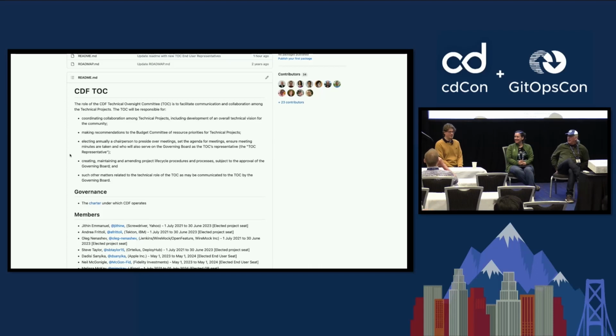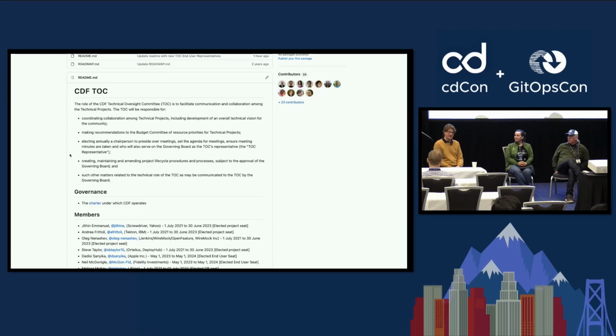Maybe just a couple of words about how the TOC is structured. We have 4 members, who are elected by the maintainer or contributor community within the CDF. Everyone who contributes to the technical projects hosted within the CDF can vote and select 4 representatives of the TOC.